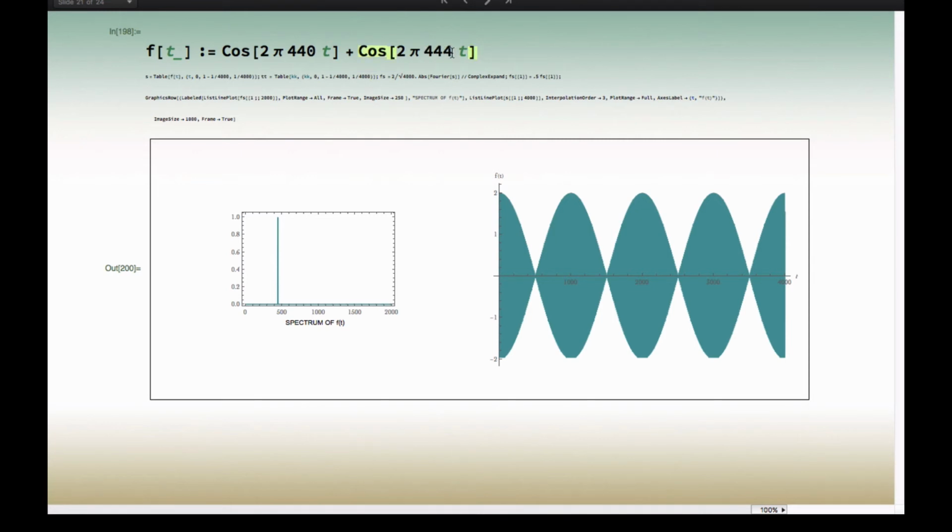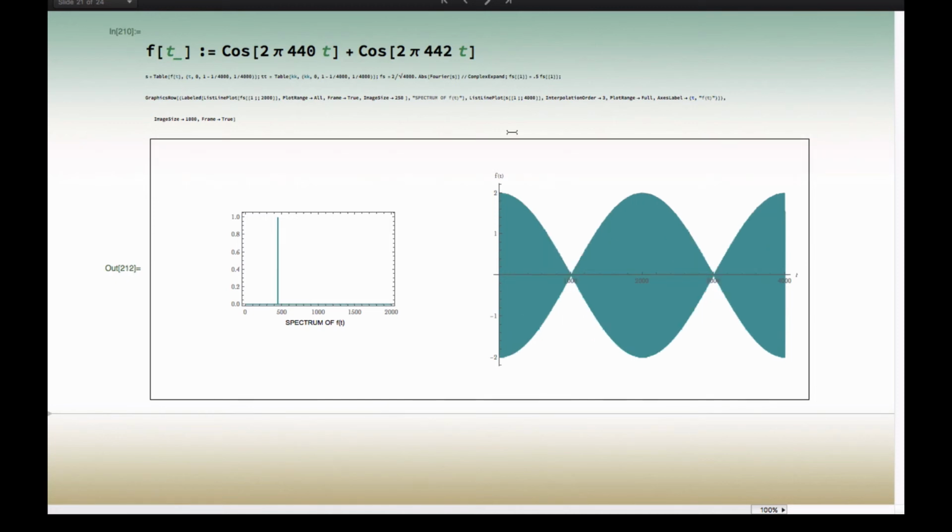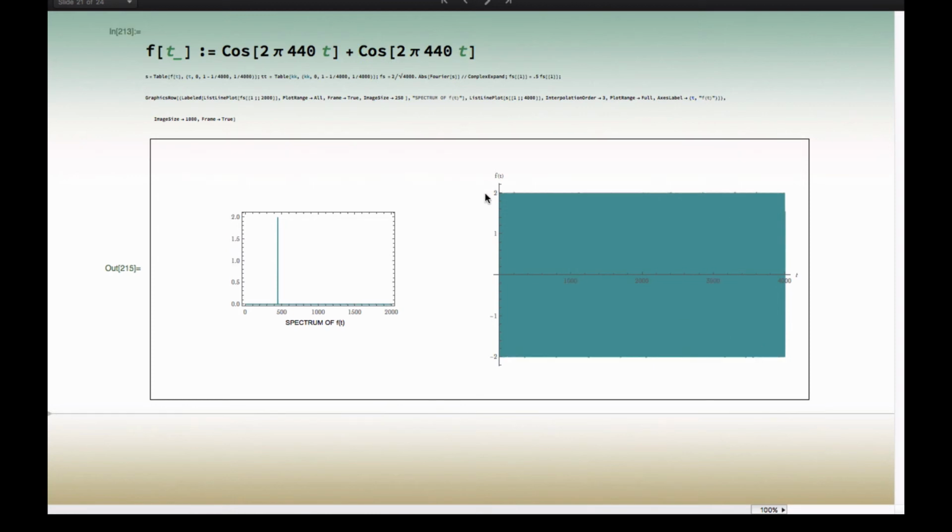If we change one frequency to 442, we notice that they are not out of tune as much, and we see the corresponding change here. And of course, if you are in tune, you have the flat spectrum and just the one frequency component. Recall from part 1 that 440 cycles per second represents the A note right above middle C on your piano.